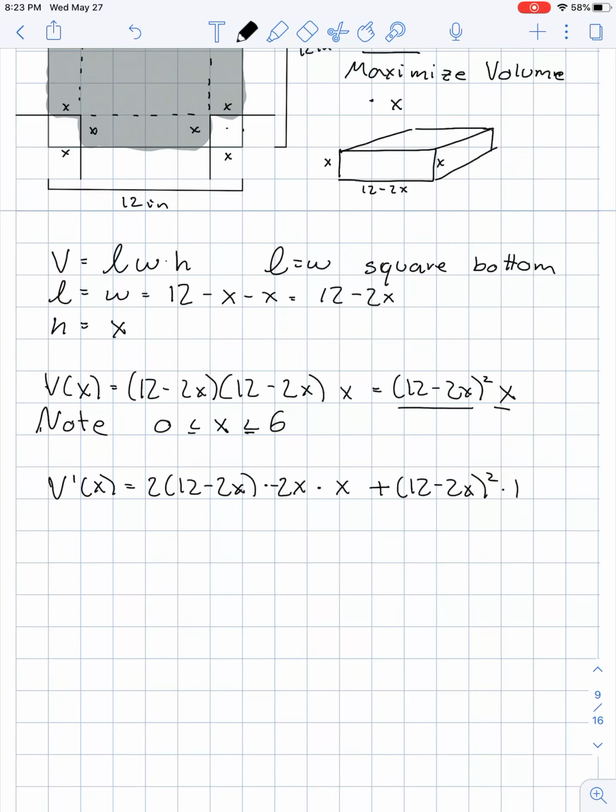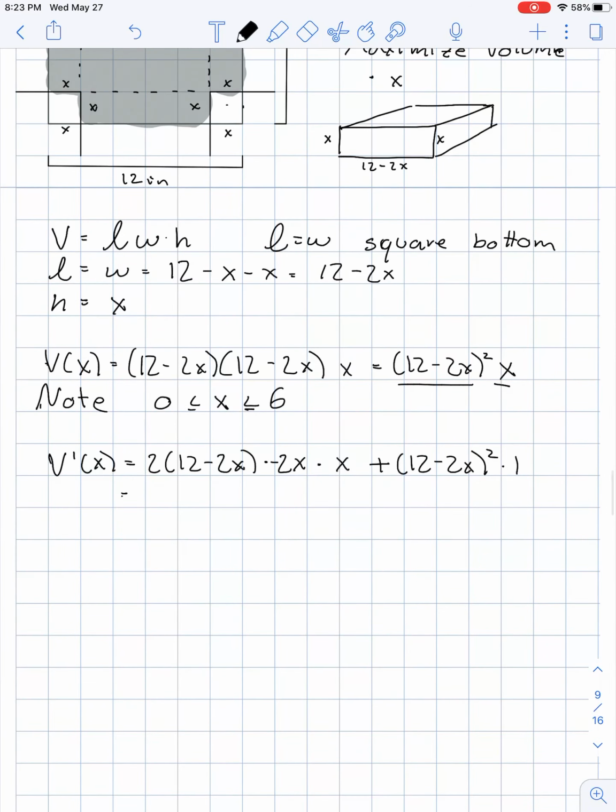Alrighty, so let's simplify this. Each term has a 12 minus 2X. What's that going to be? Negative 4X, plus 12 minus 2X.